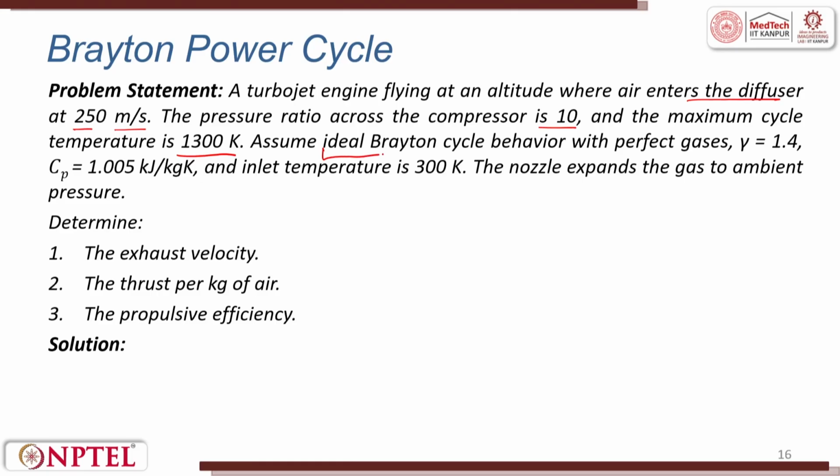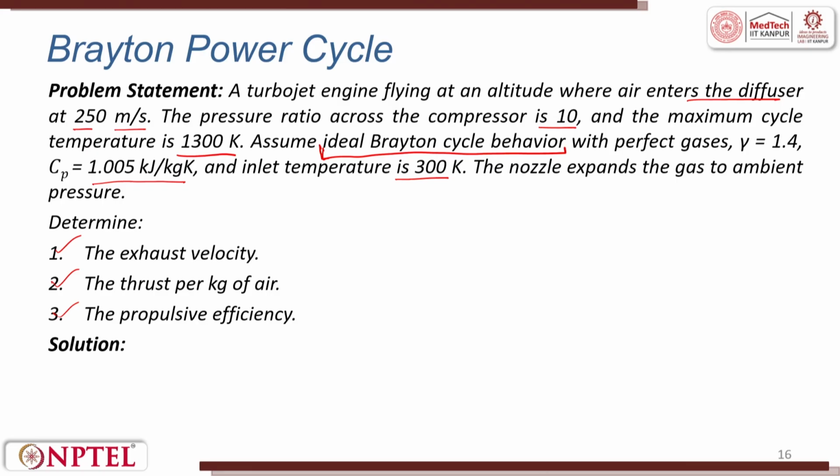Assume ideal Brayton cycle behavior, that is, the theoretical ideal Brayton cycle with perfect gases, gamma is 1.4 and Cp is 1.005 kilojoules per kg Kelvin. The inlet temperature is 300 Kelvin. The nozzle expands the gas to the ambient pressure. Determine the exhaust velocity, the thrust per kg of air and the propulsive efficiency.